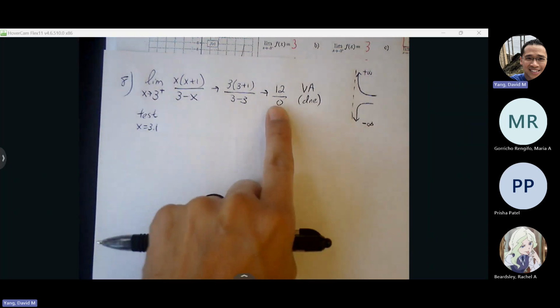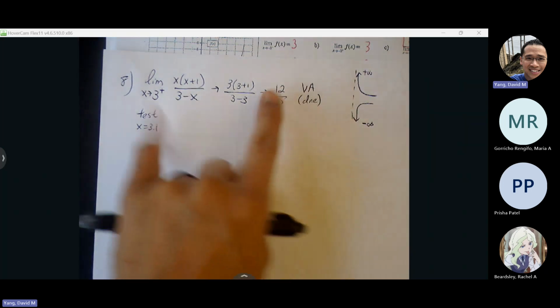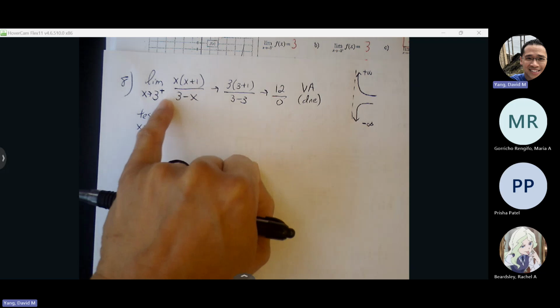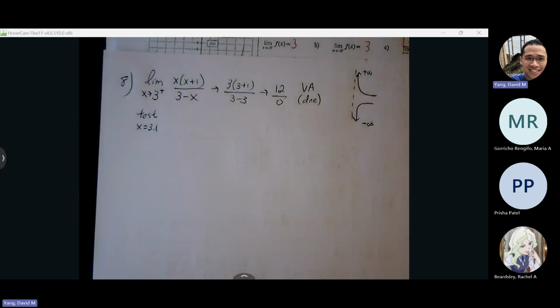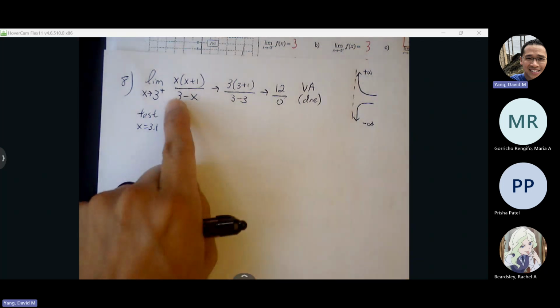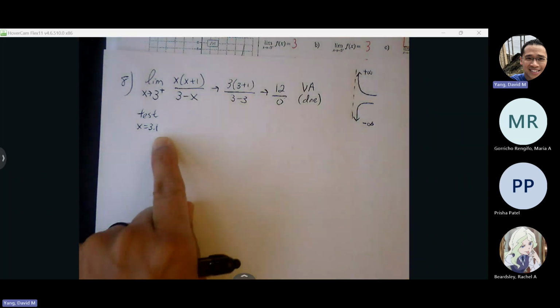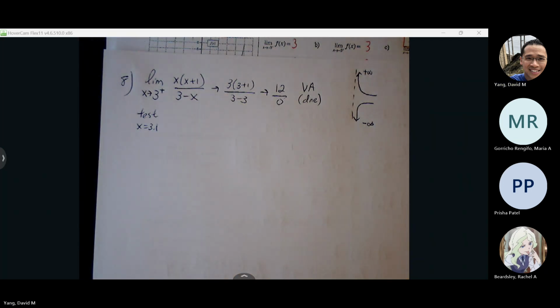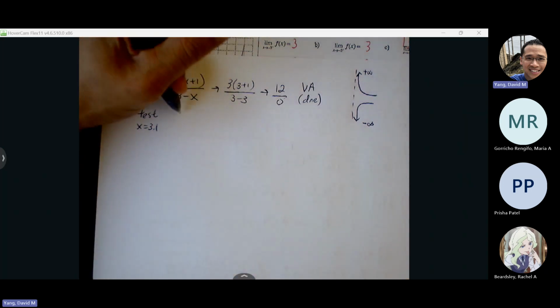But if you get a vertical asymptote and it's a one-sided limit, then you want to choose a number close to that number from either side of that vertical asymptote. So then you use decimals. Right, 3.1 then for x.